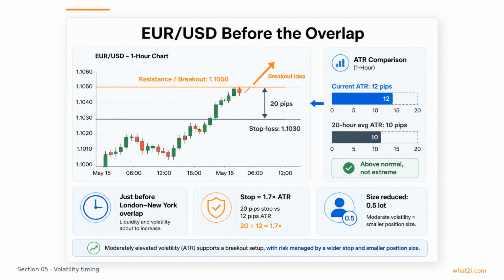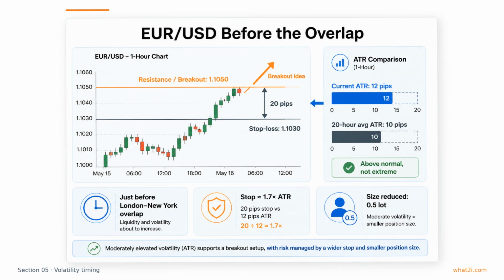A trader plans the entry at 110.50, with a stop loss at 110.30, giving the trade enough room to breathe. Because volatility is a little elevated, position size is reduced to half a lot rather than using a full-size trade. This is a good example of volatility timing working with structure rather than replacing it. The setup still depends on resistance, but ATR helps shape the risk and the expectation.